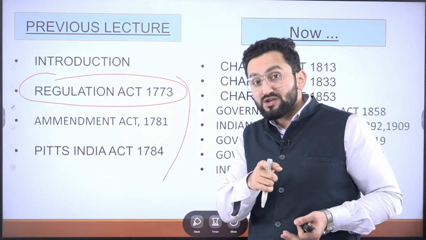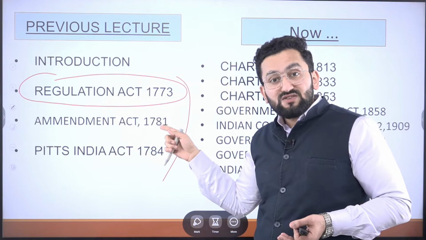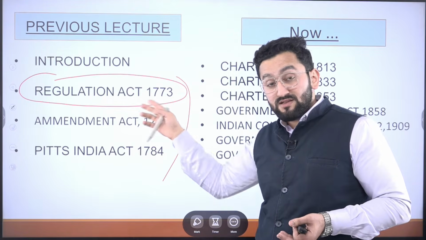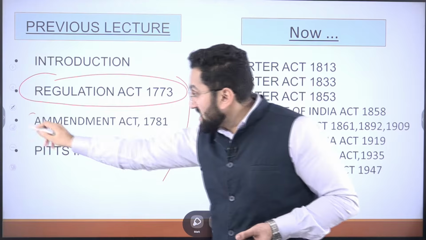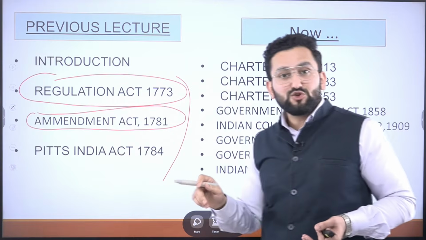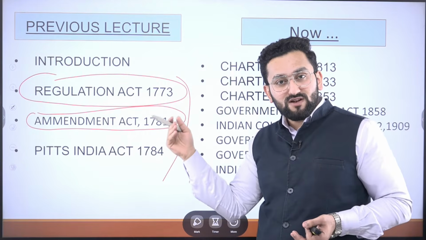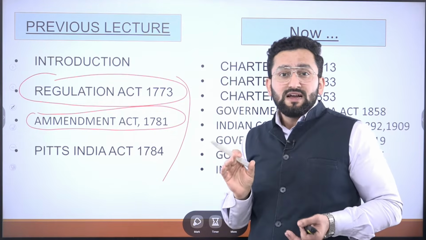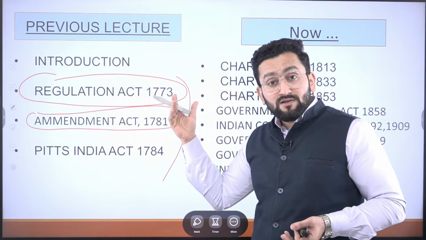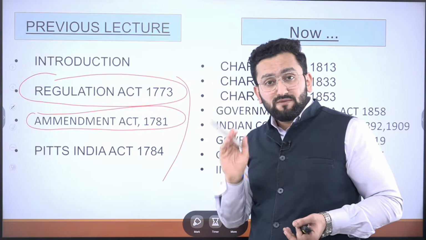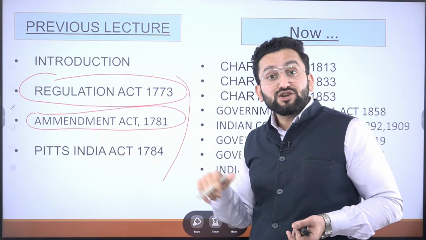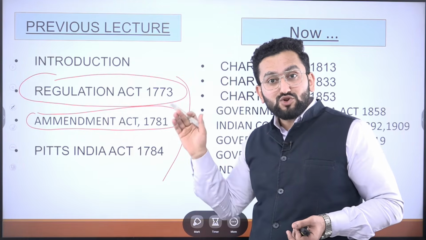As I told you the story, Warren Hastings raised the concern. He was not happy with the Regulating Act 1773. So that's why this amendment came into being. Relaxations were given to the English East India Company. For example, I'm giving a short recap: the employees of the English East India Company, it means British subjects there, were exempted from the jurisdiction of the Supreme Court.